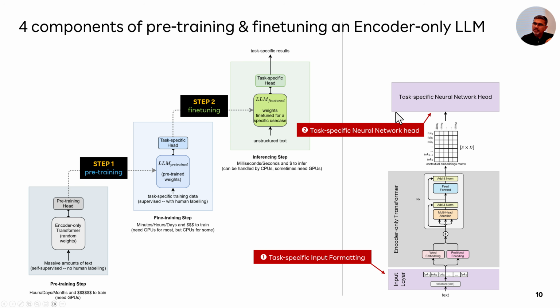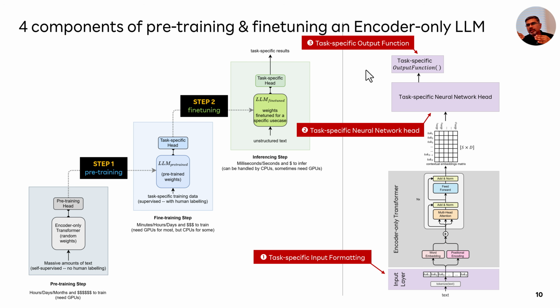The second abstraction is, for the specific problem that you're trying to solve, how would you design this task-specific neural network head? Once you have a neural network head here, you can predict the output, and that happens through the output function. So what would be the task-specific output function? For example, if you're trying to classify whether an email is spam or not spam, then your output function could be a sigmoid function, right?